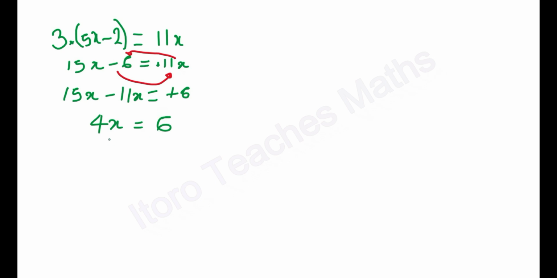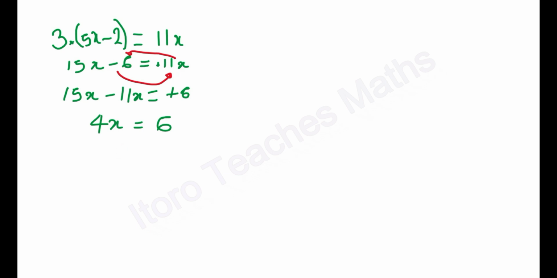Now we want to free this x. Remember I said when there isn't anything in between the two things, it is essentially a hidden multiplication sign. Because this is 4 x's, 4 times x, the way to free that x is to divide both sides of the equation by 4.